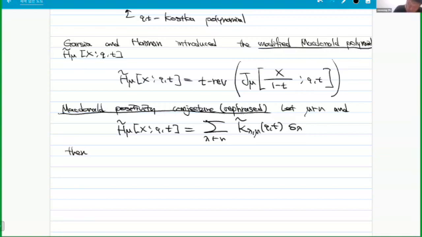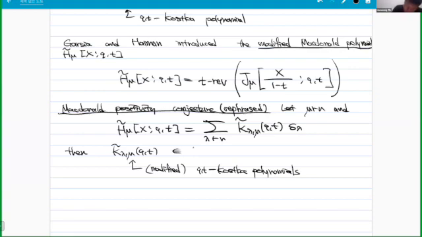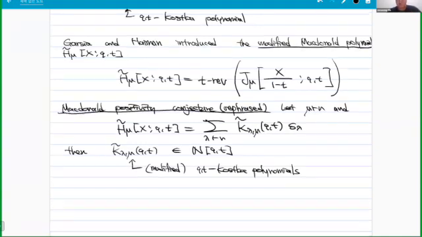These coefficients are sometimes called the modified q,t-Kostka polynomials, but sometimes we just call them q,t-Kostka polynomials. These are in N[q,t], so polynomials in q and t with non-negative integer coefficients. So far, so good.